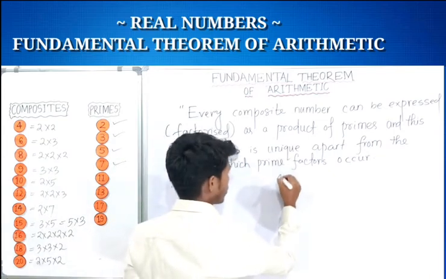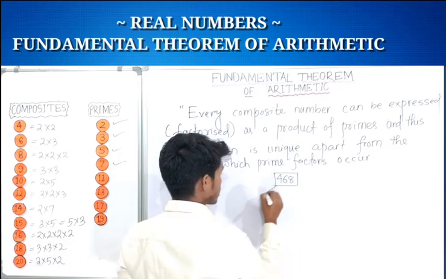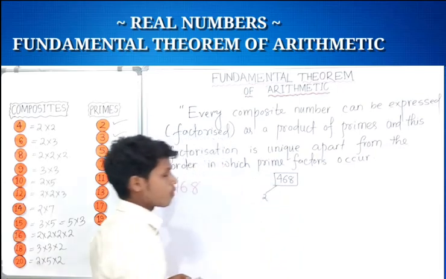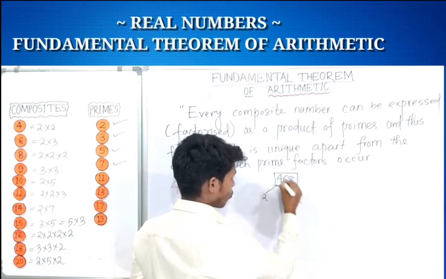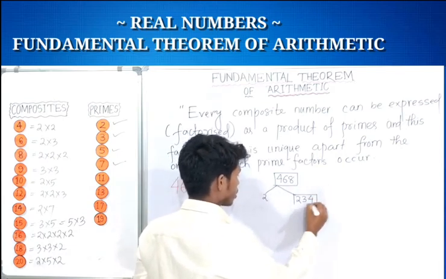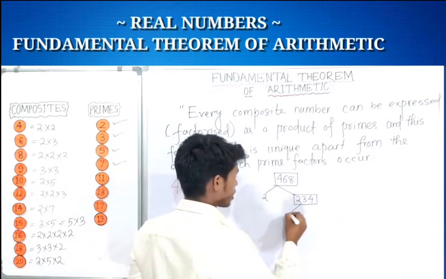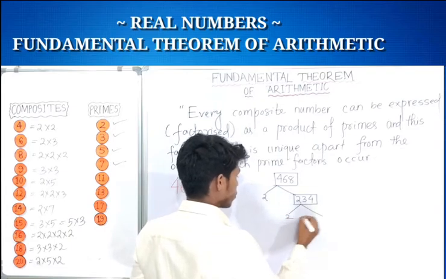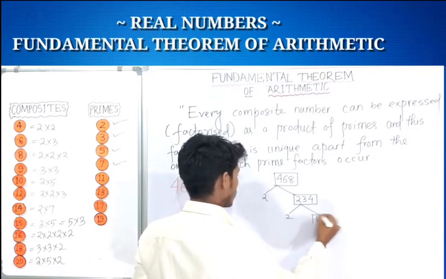If I do the factor tree that we had studied in class 7, first I divide 468 by 2. I will get 2 2s are 4, 2 3s are 6, 2 4s are 8. So we got 2 and 234. Again 234 can be divided exactly by 2. So now we got 2 1s are 2, 2 1s are 2, 2 7s are 14, 117.